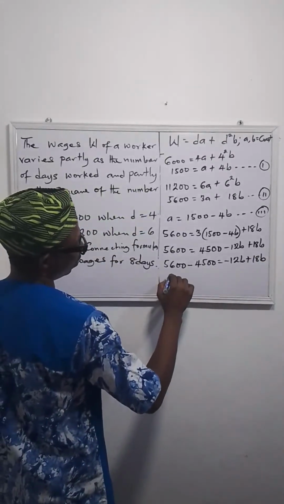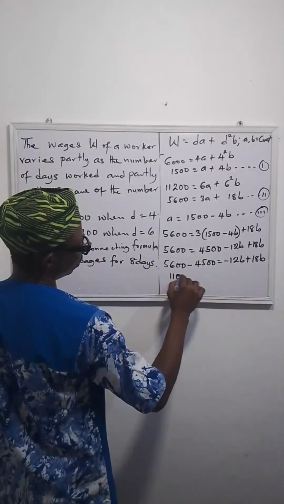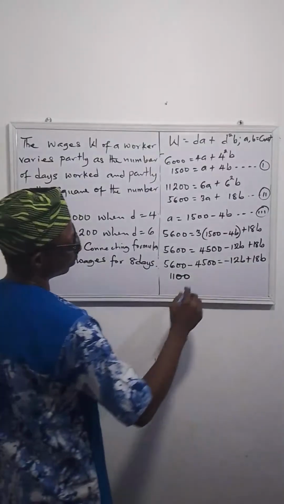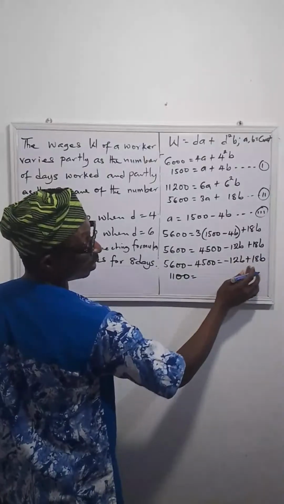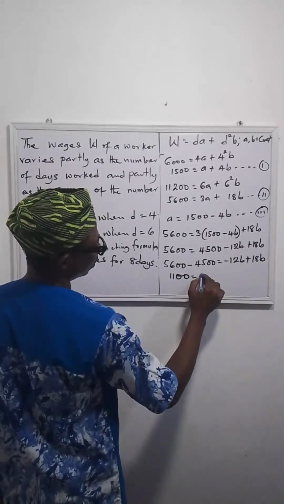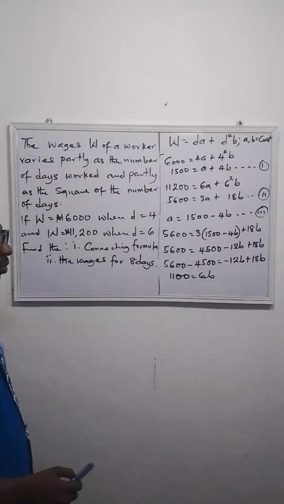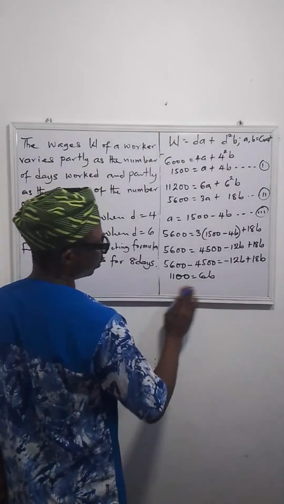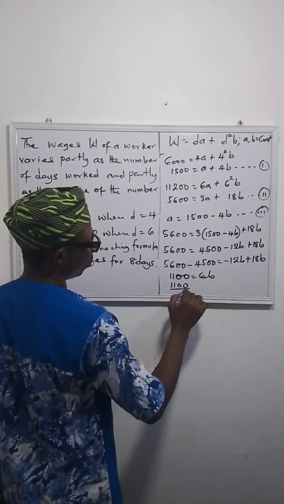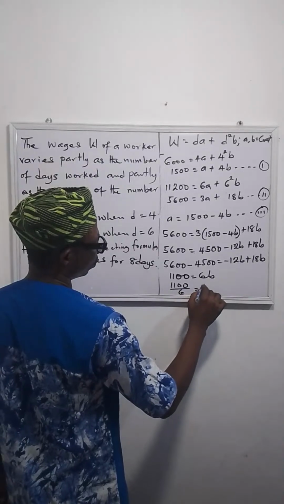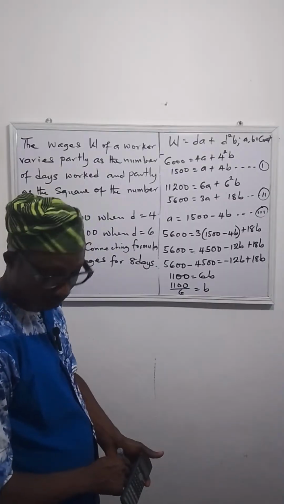What do we have? We have 1100. Now, when you add this together, what do you have? You have 6B, minus 12B plus 18B. So that's what you have. So you divide both sides by 6. Now we have 1100 over 6 equals B. So we can reduce that.